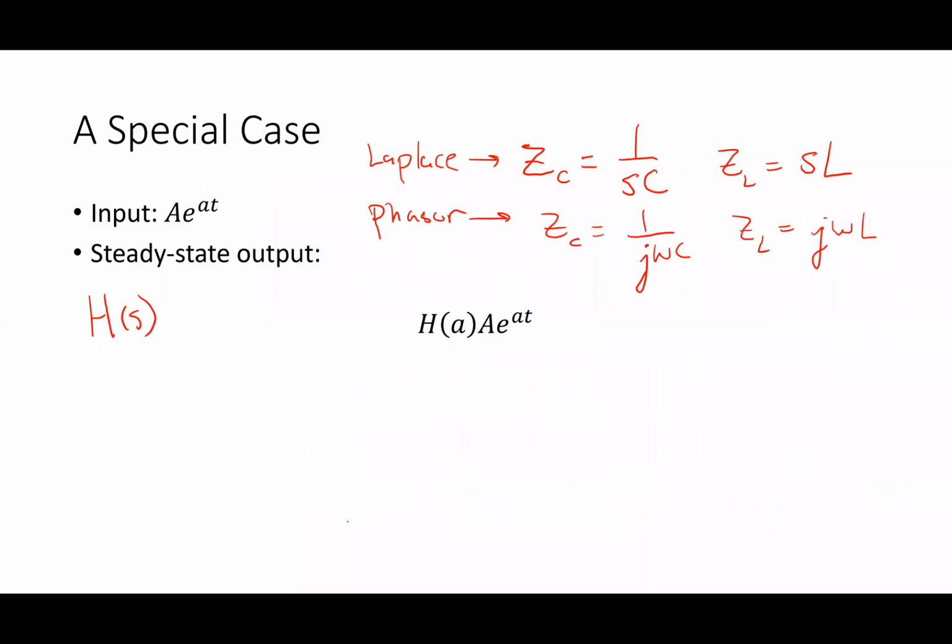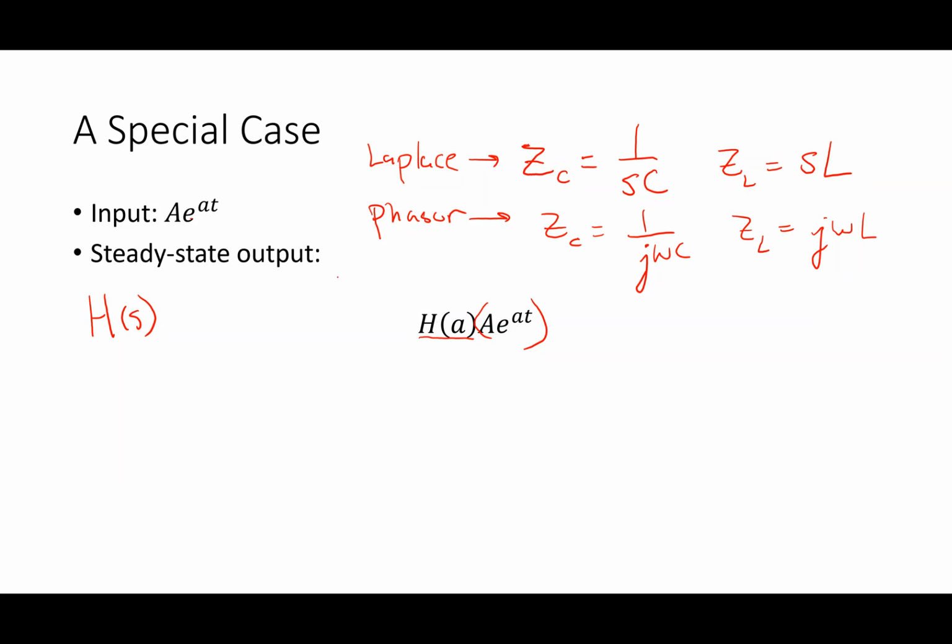So if my input was e to the AT times some constant, what I would find is that the steady state output would simply be the transfer function evaluated at A times the input. Now, why is that important? This can be shown.